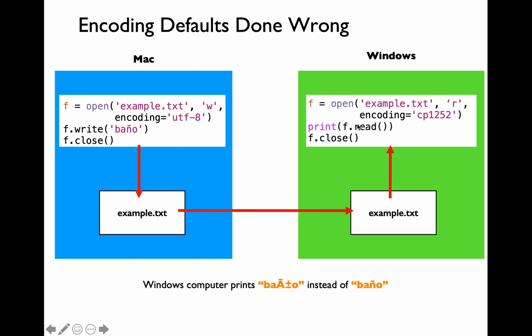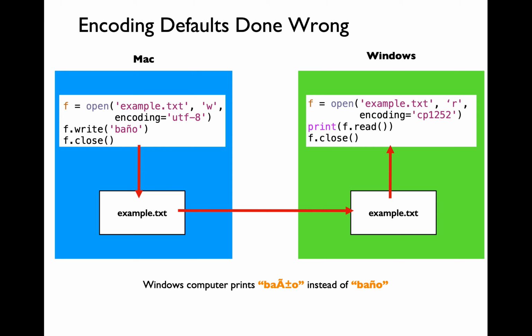What would happen if you take the example.txt and move it into a Windows operating system and try to open the file using a different encoding, which is CP1252, one of the examples of the Windows-based encodings?